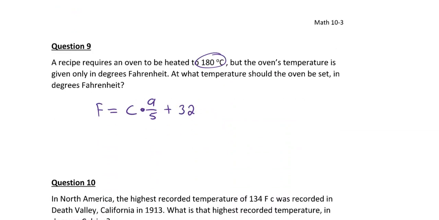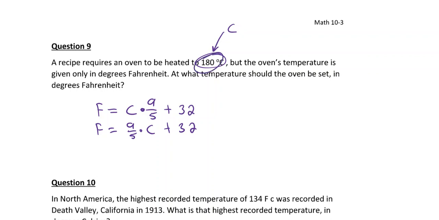I'm going to write it one more time because it might be written a little differently. It might be written like this: F is equal to 9 over 5 times C plus 32. For me, that one seemed like I like the look of it a bit better. It's the way we're going to do it. But anyway, what we do here is we input whatever the degrees Celsius was into the equation.